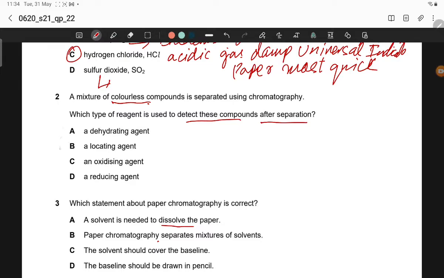So option B is correct. You should know this fact. The typical locating agent used is ninhydrin spray.